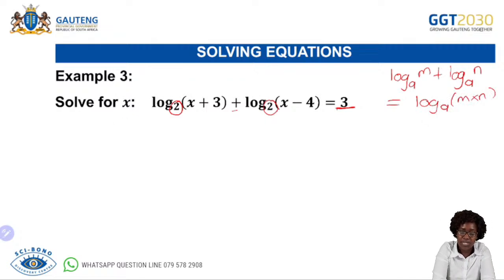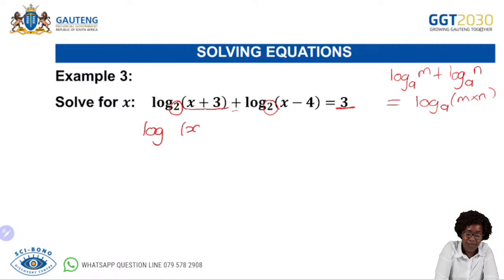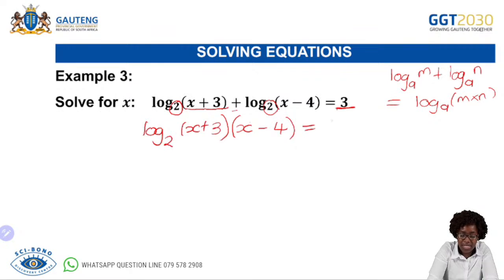So how am I going to simplify this? I'm going to say log of, I take the first term that I have there, which is x plus 3. Please take note, I'm taking it with the brackets. And then I multiply this by x minus 4. The base there is a 2, and then this is equal to 3. That is the first step, grade 11s, combining the sum of logs with the same base.